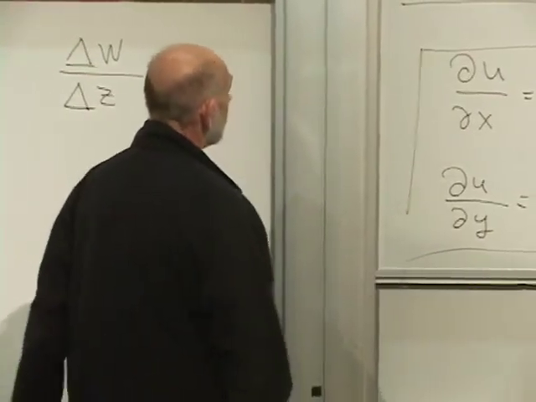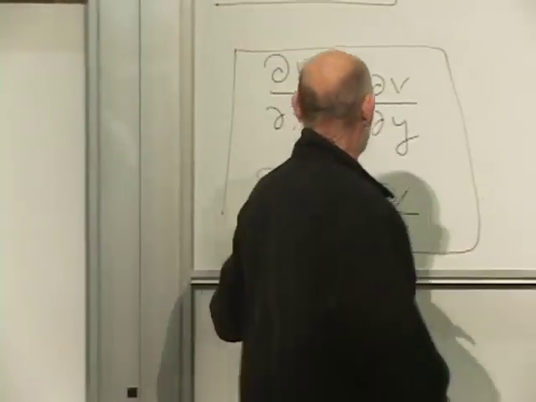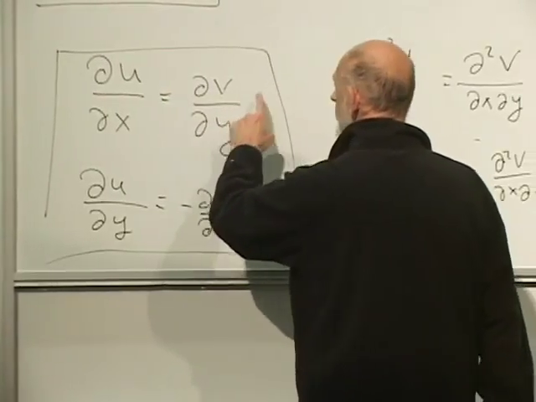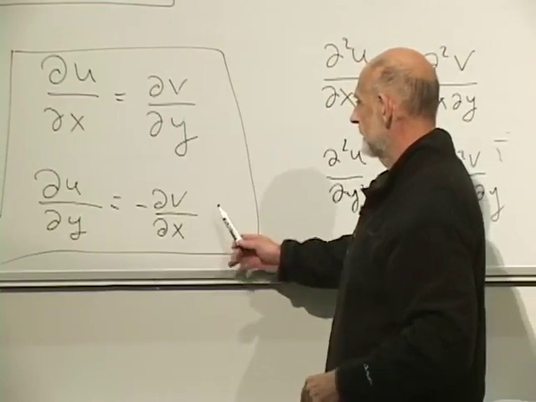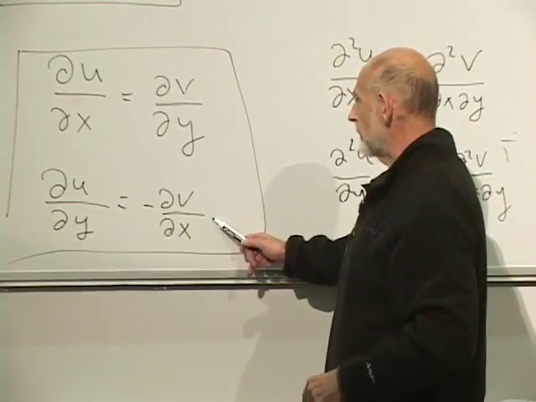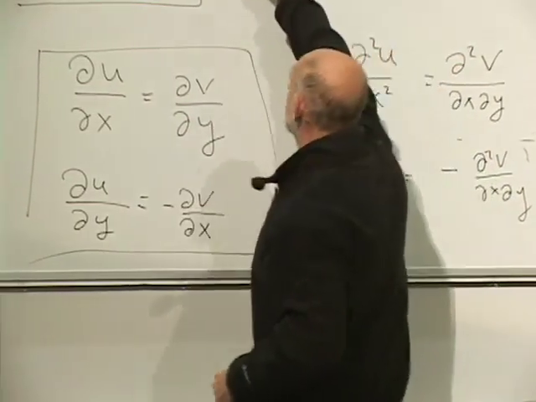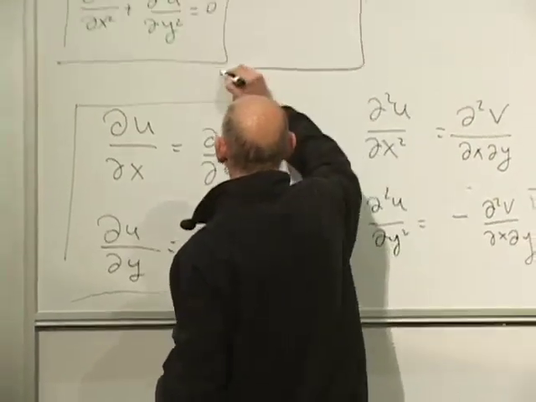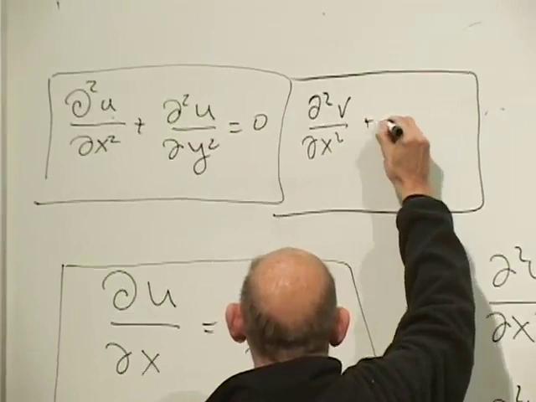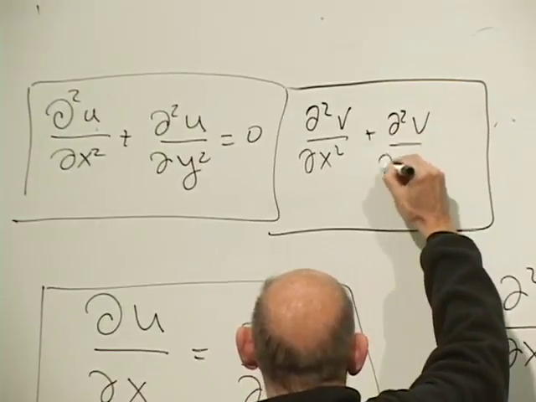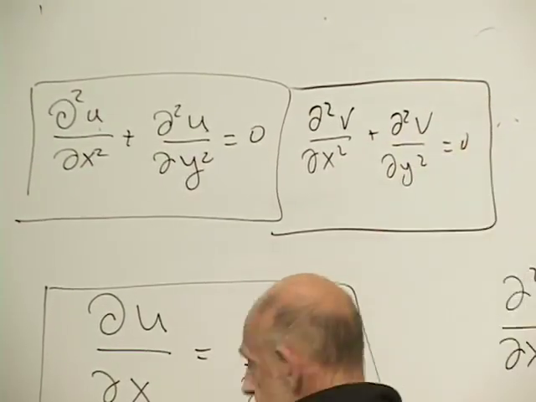Okay, so that's this equation, and if you do exactly the same thing, we differentiate this one now with respect to y, and differentiate this one with respect to x. What we get is exactly the same equation for v, d second v by dx squared plus d second v by dy squared equals 0.